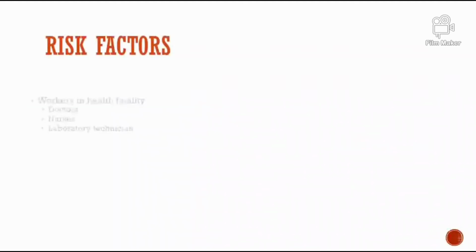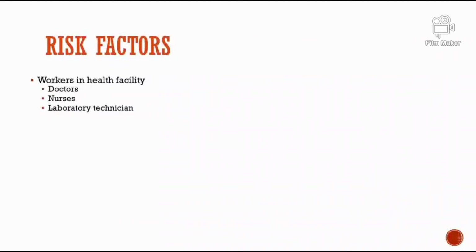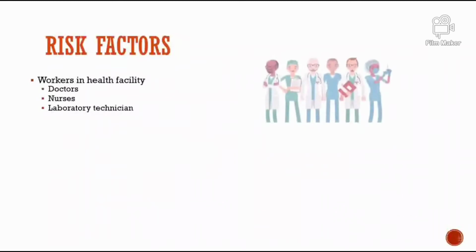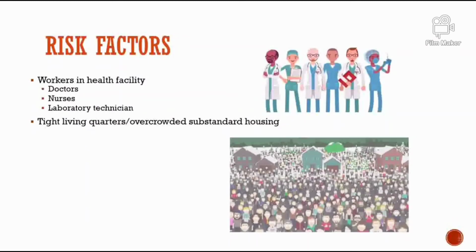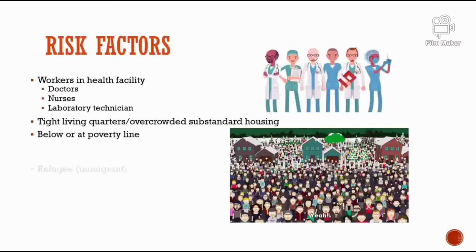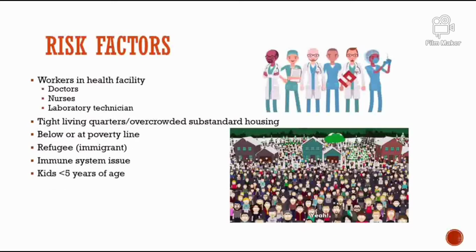Also, risk factors are workers in health facilities such as doctors, nurses, and laboratory technicians, tight living quarters or overcrowded substandard housing, living at or below the poverty line, refugees or immigrants, immune system issues, kids under 5 years of age, and lastly the elderly.